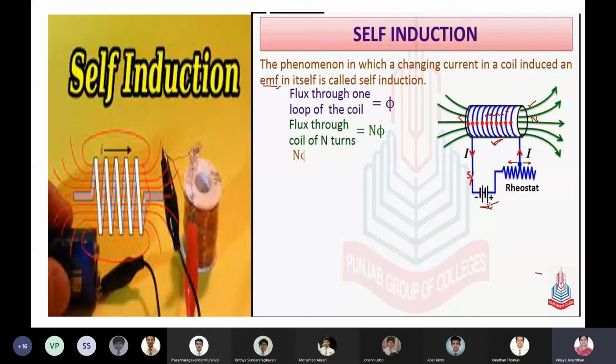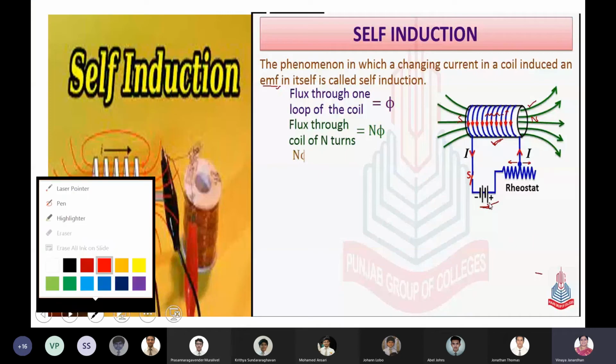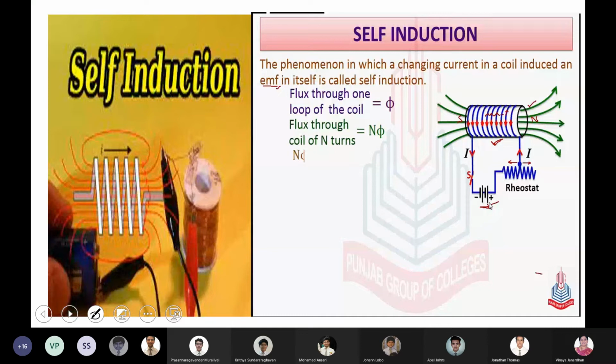Right, boys. The next one is self-induction.